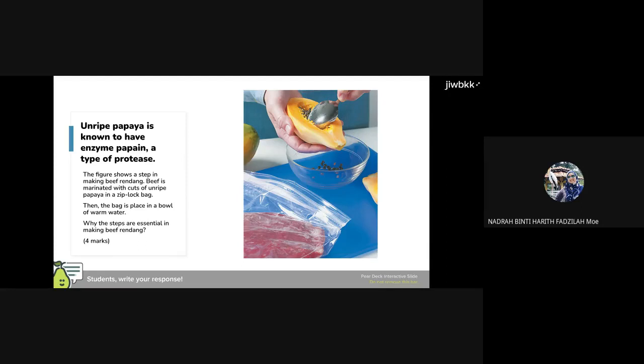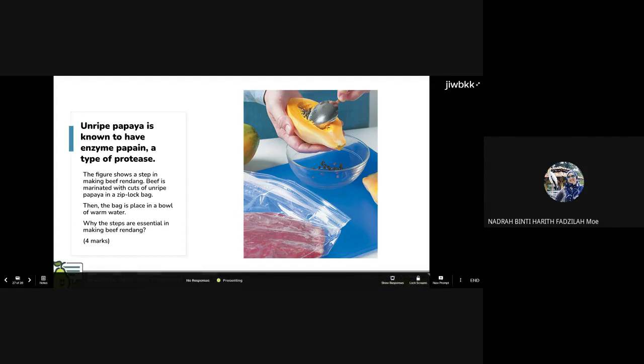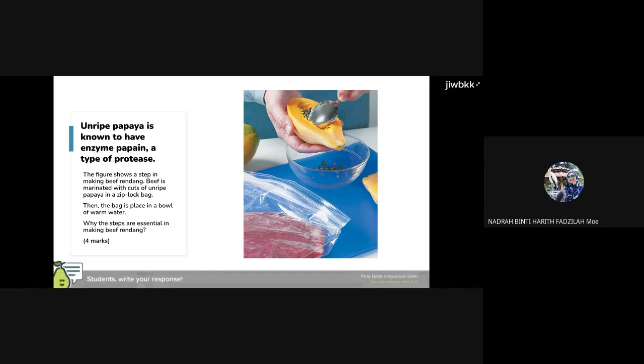Kemudian, that particular bag is placed in a bowl of warm water. Why do you think the steps are essential in making beef rendang? Kenapa kamu rasa, in your opinion, macam mana steps ini menyebabkan masak beef rendang tu jadi lagi cepat ke, jadi lagi sedap ke dan sebagainya? Kenapa orang buat step ni?